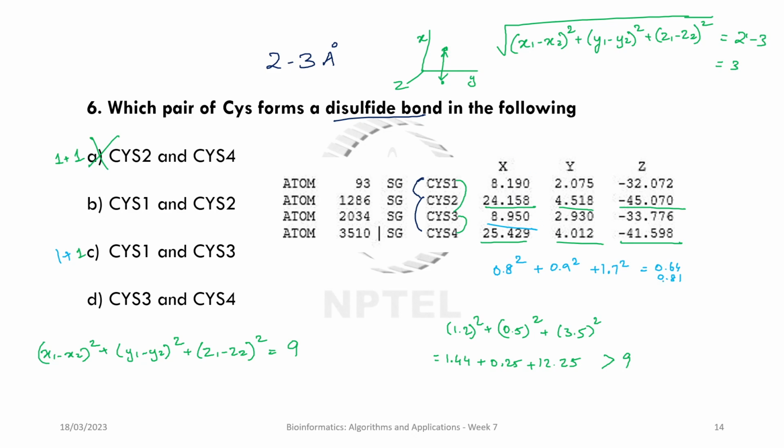So whatever the sum is, it's going to be less than 9. So this qualifies. So C at least qualifies. What about 1 and 2? You have a major difference here. 16 square itself has done the job, so it can't be. What about 3 and 4? Again, you have a major difference of 17 square here, so it's gone. So C is your answer, as Debangana rightly pointed out and Vijayanta eventually realized.